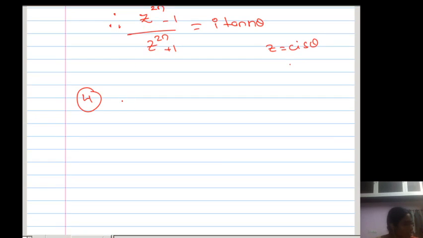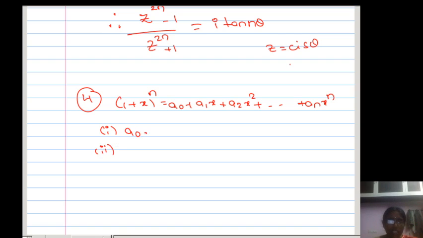Yes, next, the last problem in this exercise. What is the fourth one? If (1 plus x) whole power n is equal to a0 plus a1 x plus a2 x square, and so on, an x power n, then show that we have to prove two cases. What are they?